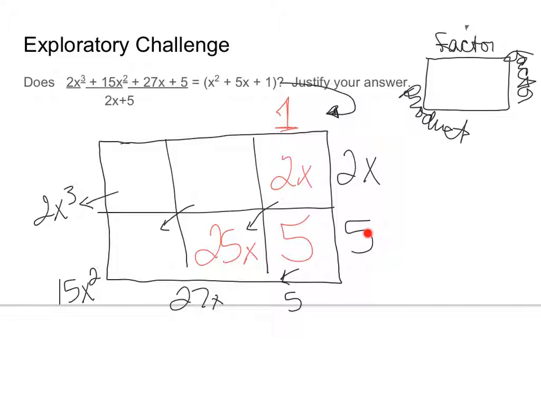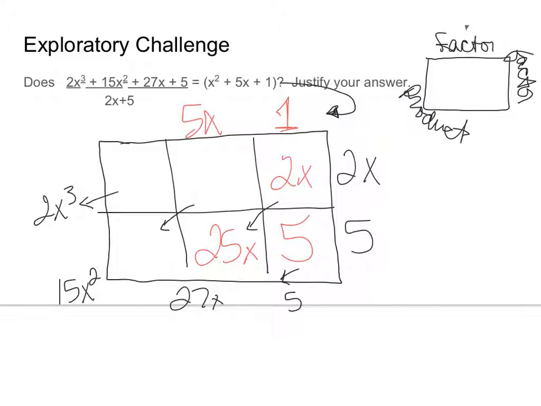Now let's work this way. So 5 times what equals 25x? Double check your work. Oop, that's wrong. Sorry about that. 5x times 5 equals 25x. Now let's go over here.